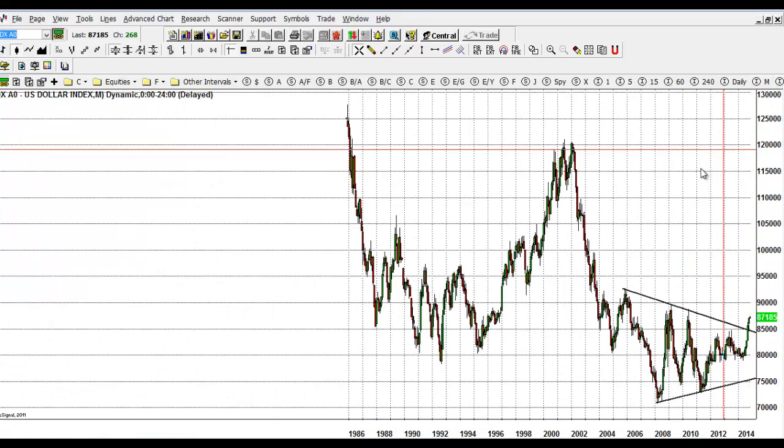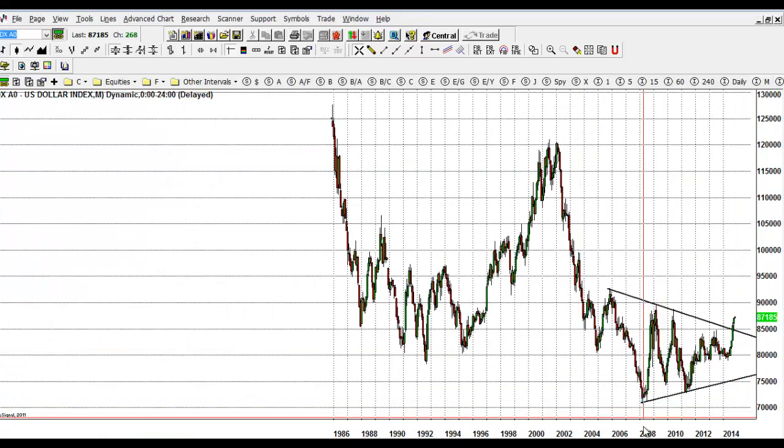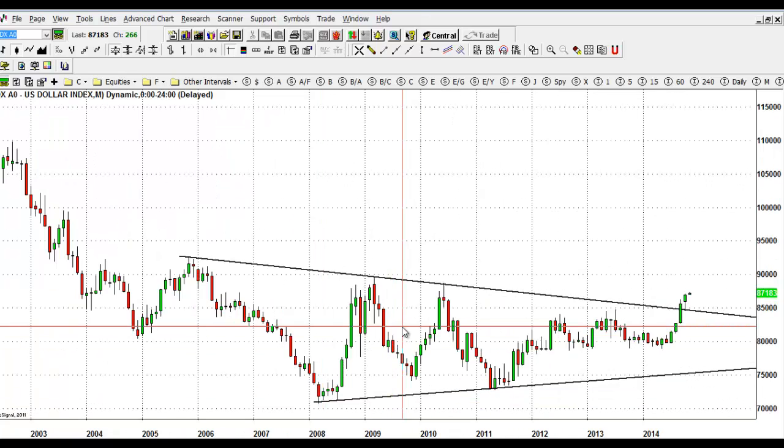And what we see, looking at this monthly chart, is that the US dollar index was in a huge triangle that started in 2005 and has been consolidating.